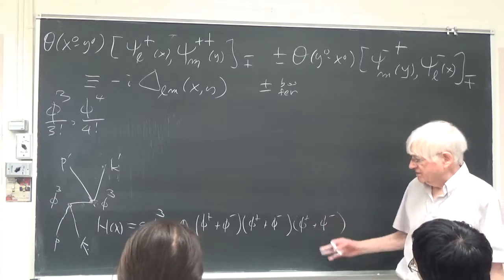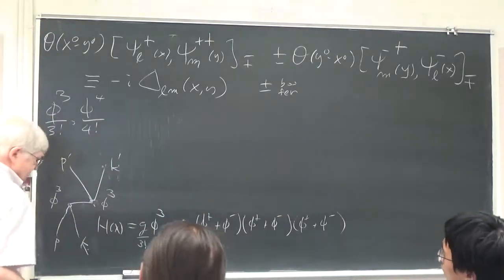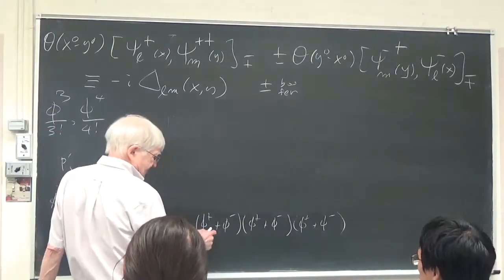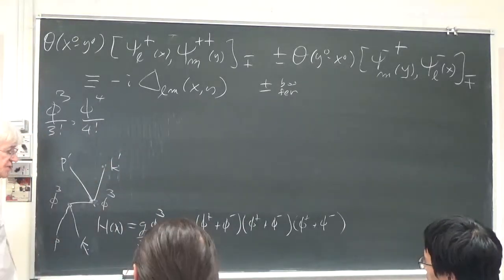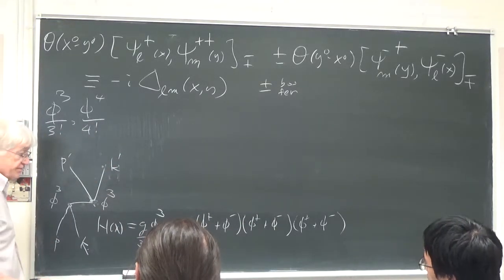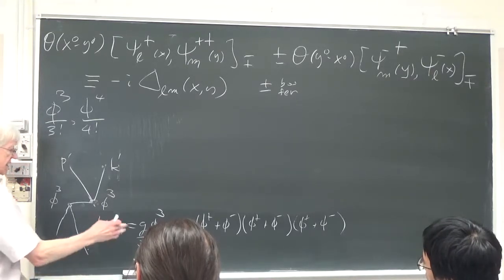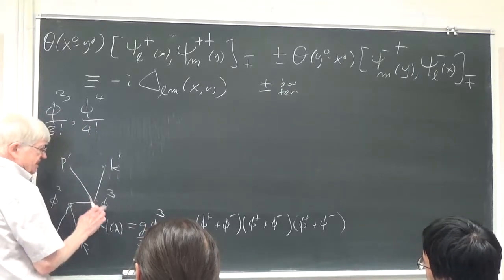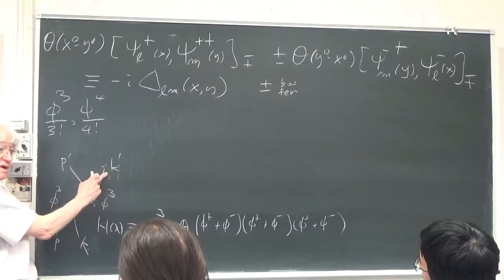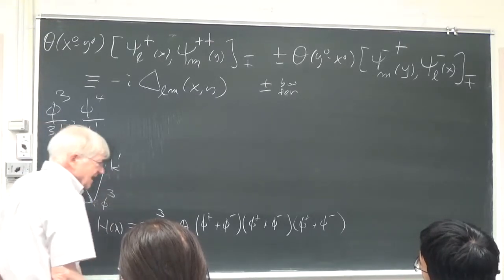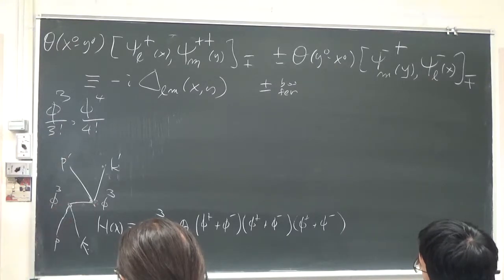And so for example, at this vertex, you have to use 2 of the phi pluses to annihilate these 2 incoming particles. Then if you do the same thing at this vertex, you pick 2 of the phi minuses to create these 2 particles, and then what's left over gives you what's represented by this line.